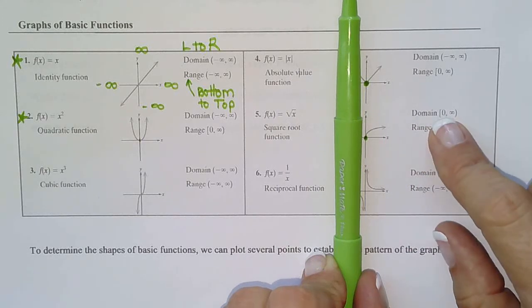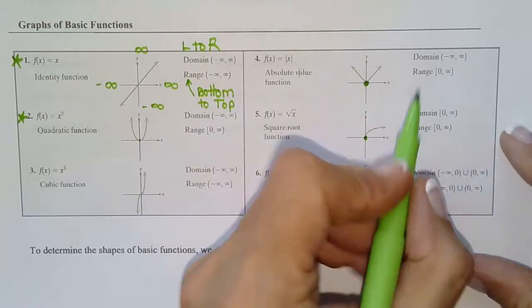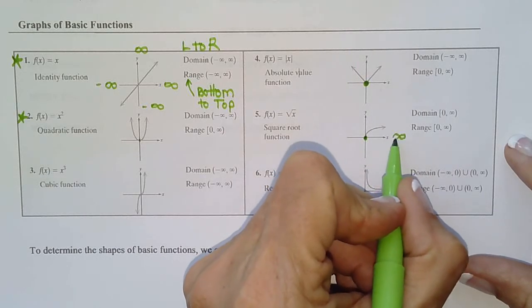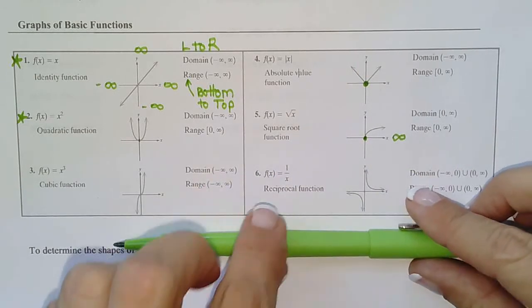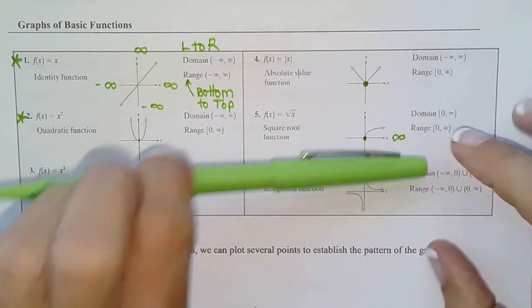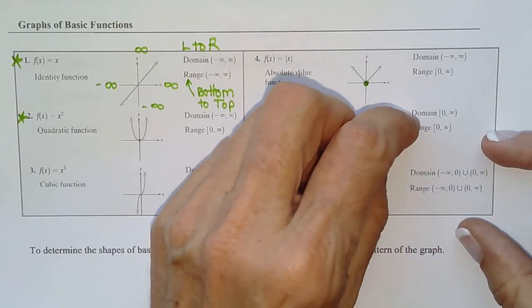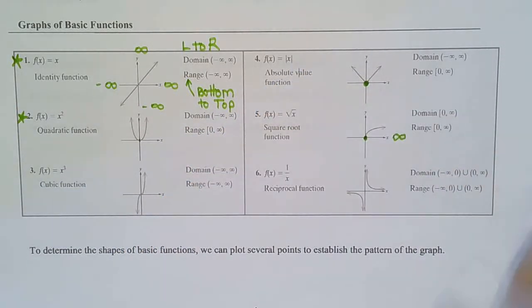So it starts at 0 with a bracket, and then it goes right forever to infinity. And when I go bottom to top for the range, my lowest y is also 0 with a bracket, and this is just going to keep going up gradually, up, up, up, up. So it's going to go to infinity too. So same domain and range for the square root function.